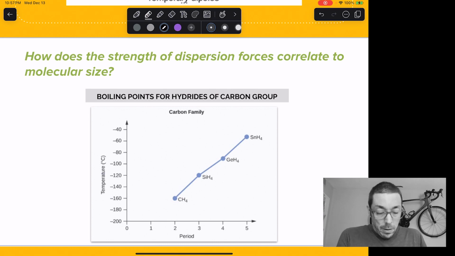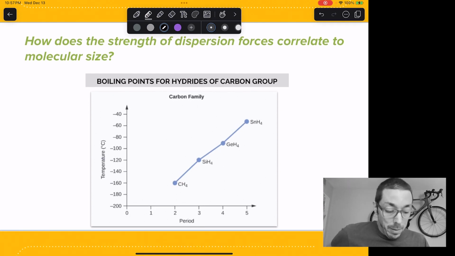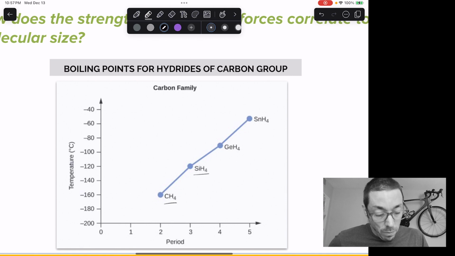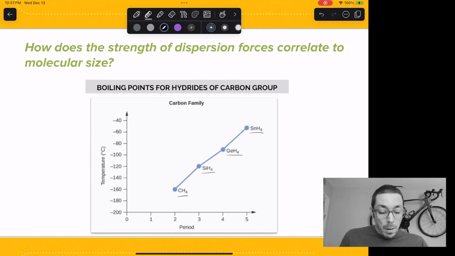So if you look at the carbon family of compounds that bond to hydrogen, so CH4, SiH4, GeH4, and SnH4, those are all in the same group as carbon. But what do we notice about this trend here? The boiling point is getting higher.